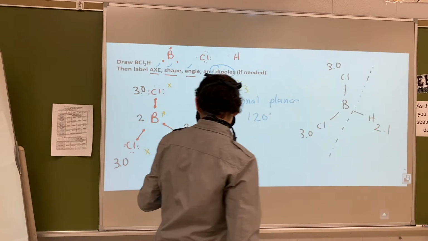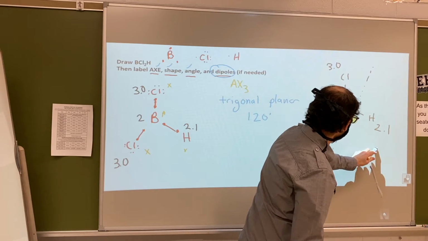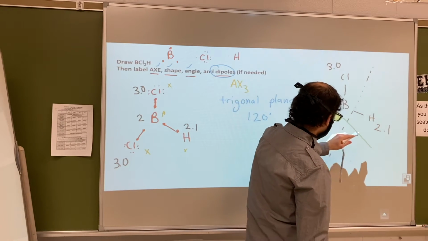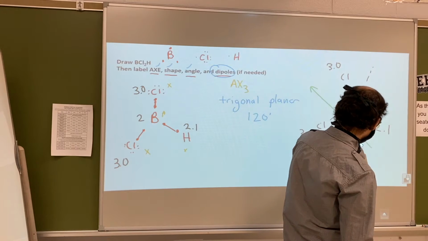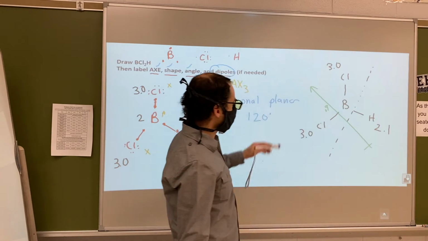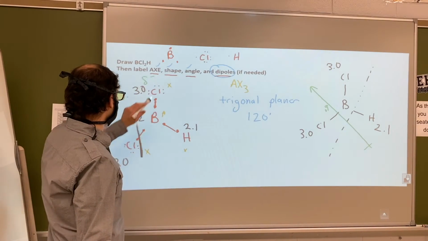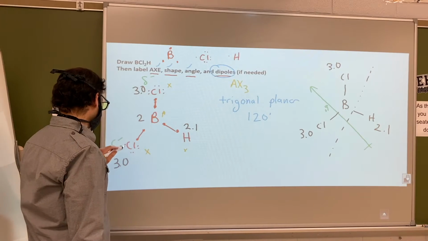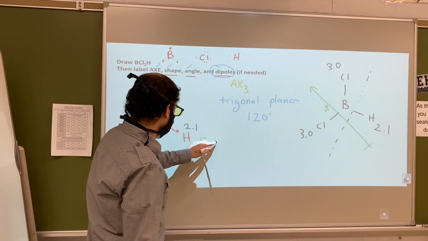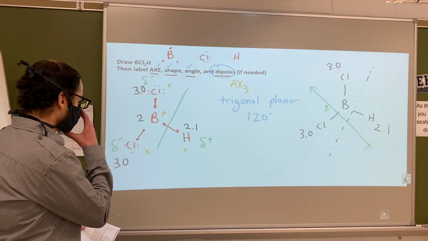So we could figure out that this is polar because there's a difference as we go across this way. From 2.1 and 3, we get 0.9. So we get 0.9 going towards the chlorine side, which means the chlorines are going to be slightly negative because they have the higher number, and then the hydrogen is going to be slightly positive. All right, we can kind of think of it as being cut in half, kind of through there.